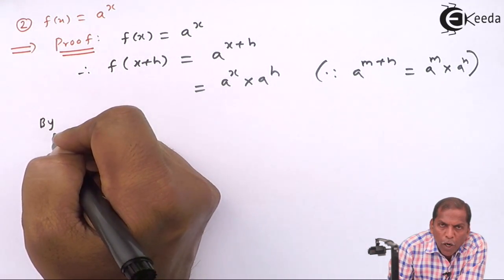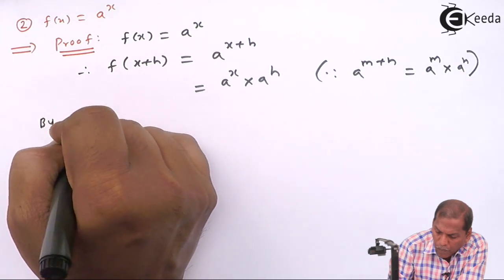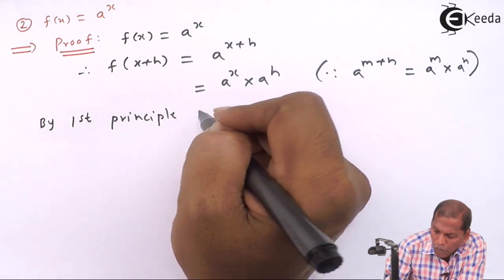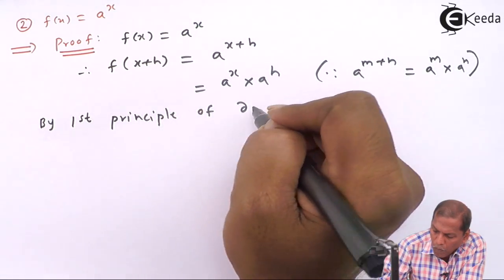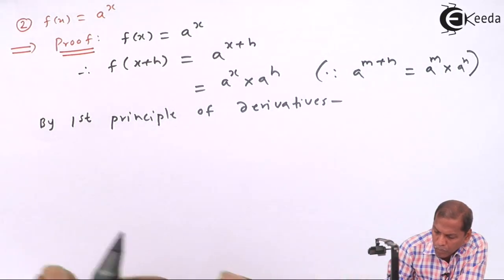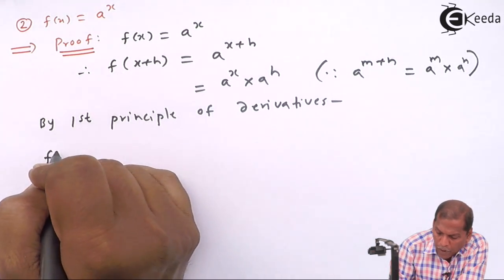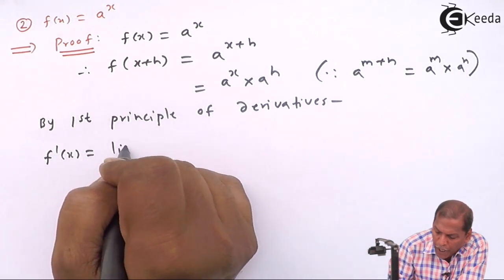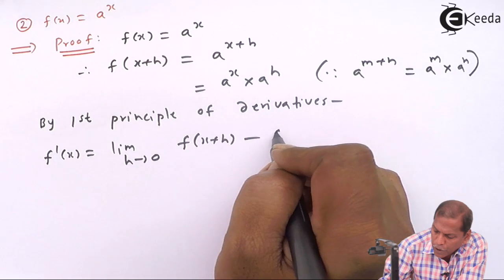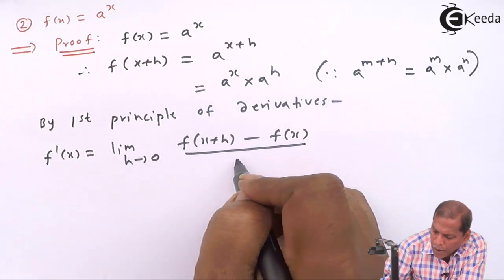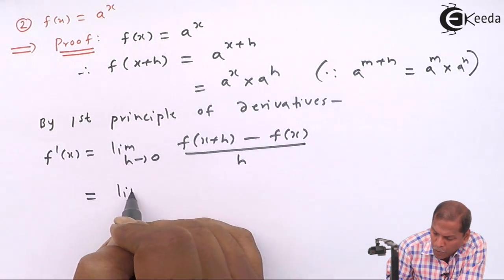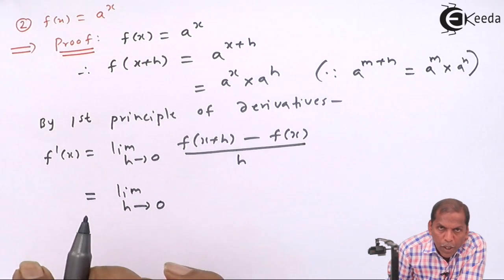Then by first principle of derivatives, f dash x is equal to limit h tends to 0, f(x plus h) minus f(x), whole thing divided by h, is equal to limit h tends to 0.